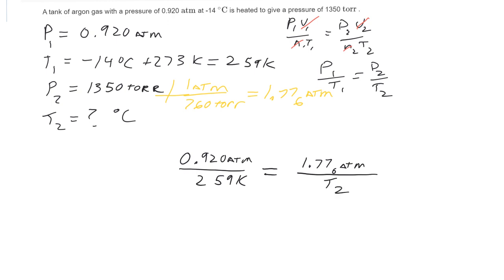You can't solve for a variable that's on the bottom. So the first thing you have to do is get that variable up to the top. So you're going to multiply both sides by that T2 so that it's not on the bottom. Now we've crossed out the T2. So we've got T2 times 0.920 atm.